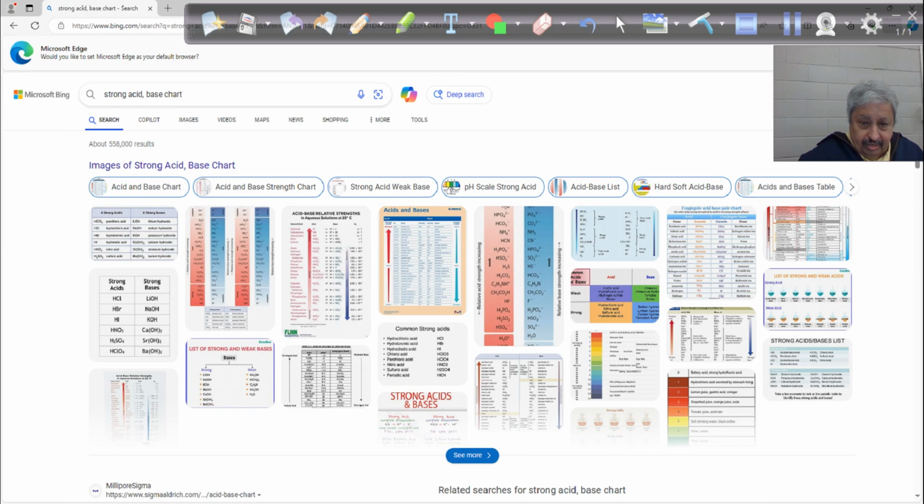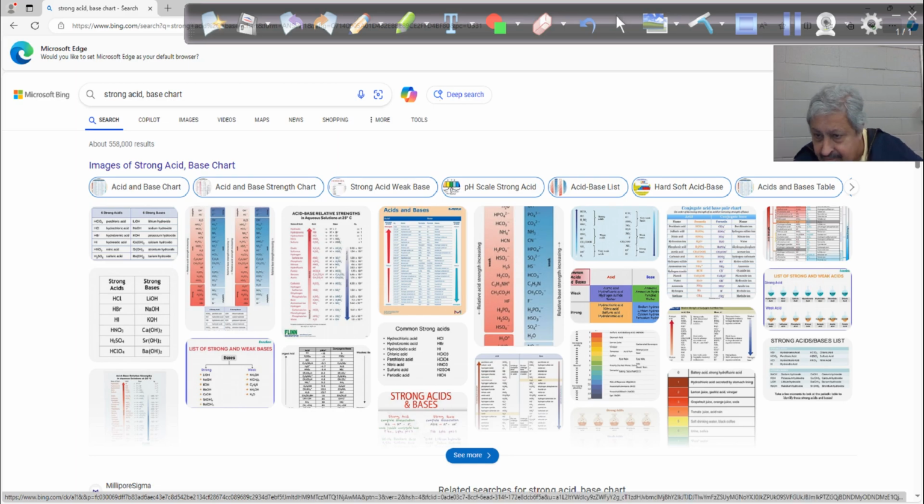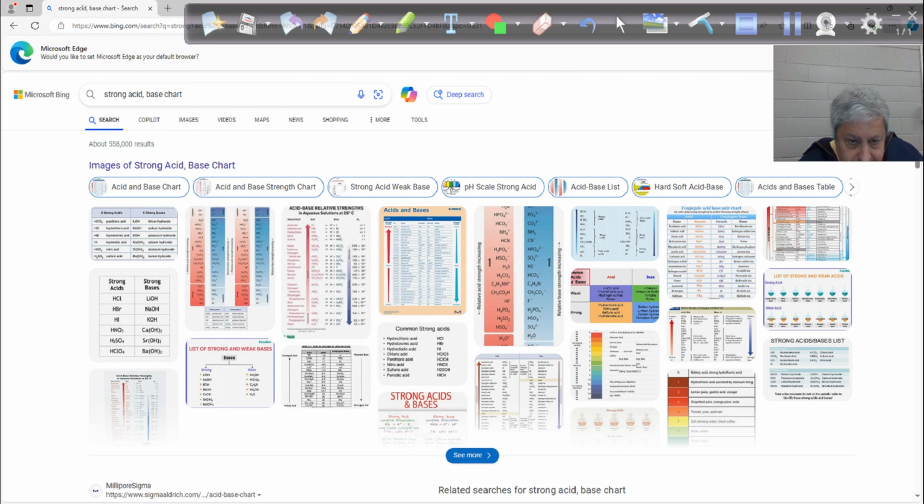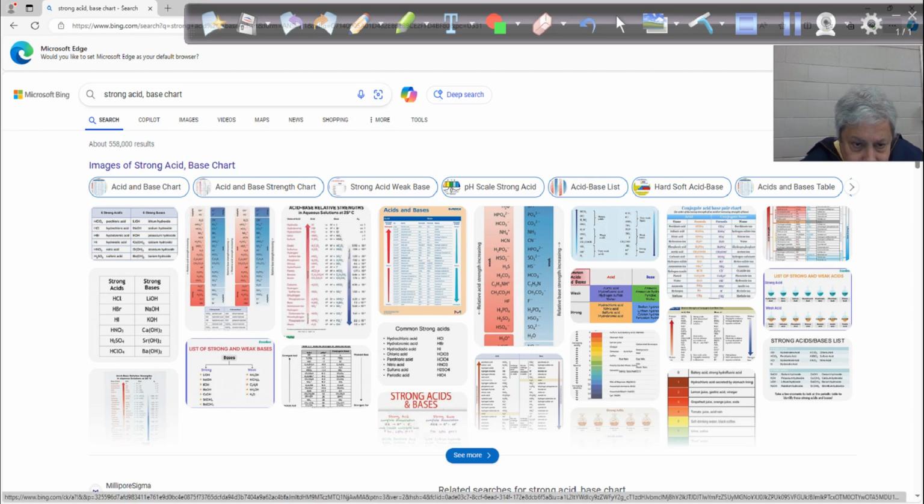Here is the chart and here are the values. I need to see the values. Maybe this one here. They have the values. If you can see the values, let me know. I need to see the values for every single one. So which one has the values? I think this one here.